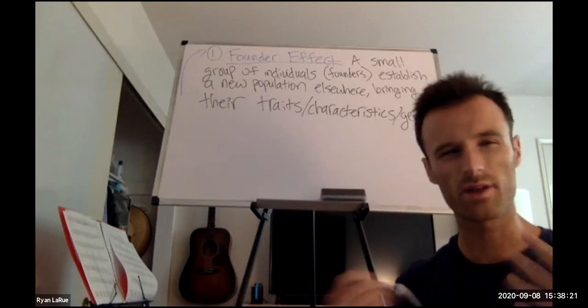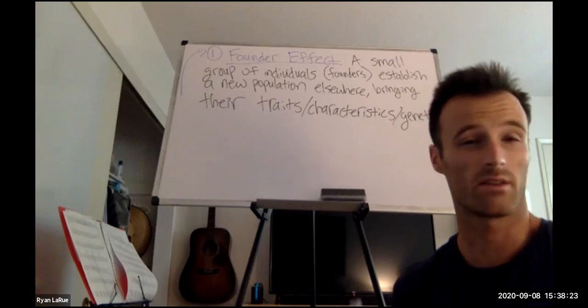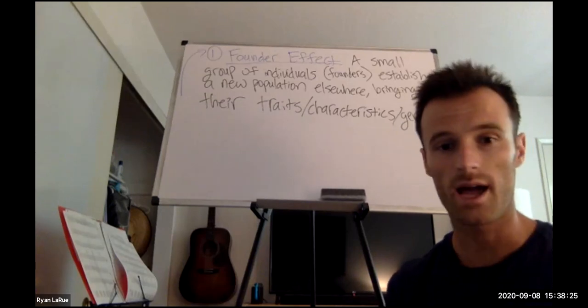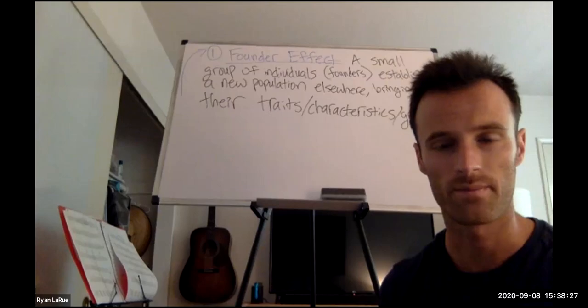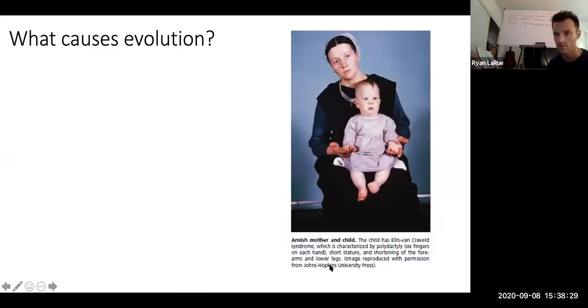And that's why the frequency of certain inherited disorders is different, such as, I'll show you here. This is Ellis-van Creveld syndrome. So polydactyly, the child has an extra digit on each of her hands.